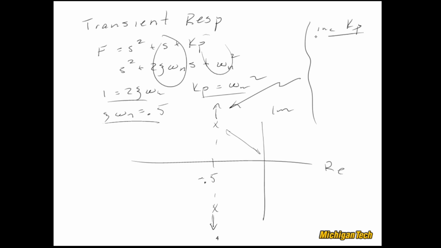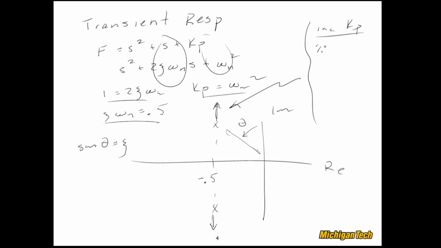Well, if my poles go up this way, zeta is related to this angle. If I call this angle theta, then sine theta is equal to zeta. So as I increase Kp, sine theta decreases and zeta decreases.